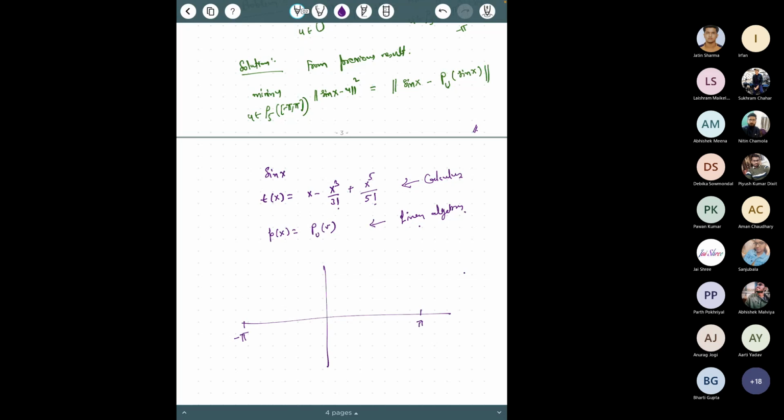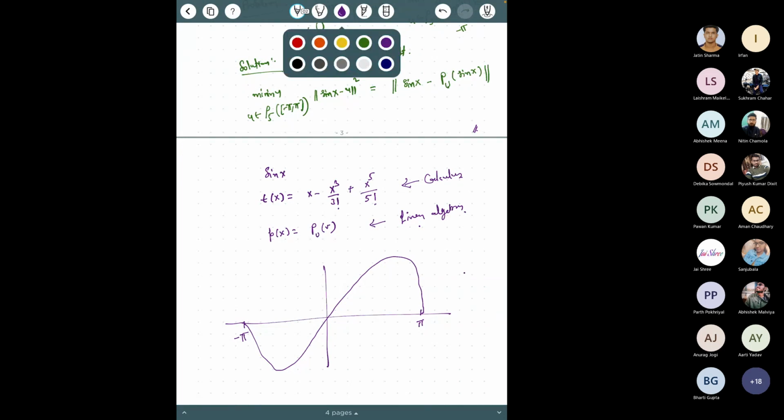You will see that it approximates this function up to about here, and in the neighborhood of pi and minus pi it won't give a good approximation. But then if you draw p(x) also, which is also a polynomial, the approximation you have got from linear algebra is a sort of exact approximation on this interval. It would be something like this.